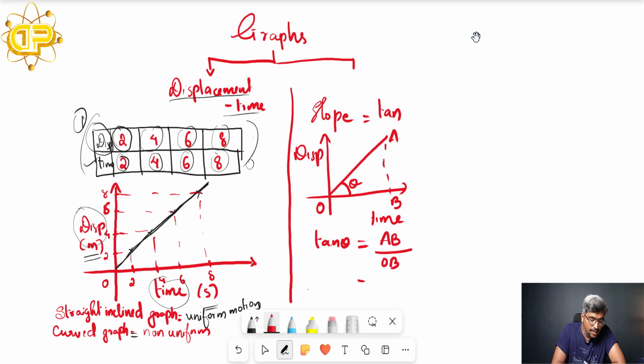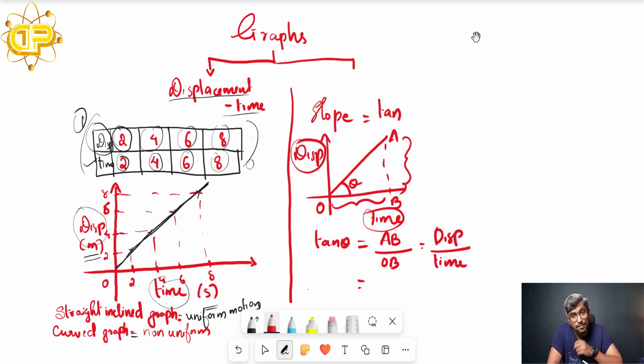And what is AB? AB is nothing but the displacement. And OB is nothing but the time. So the slope is displacement by time, that is nothing but the velocity.